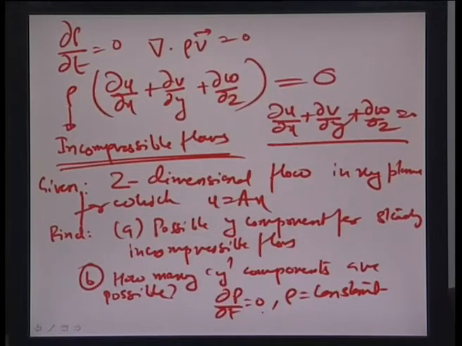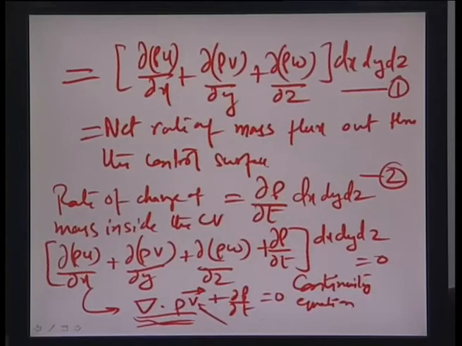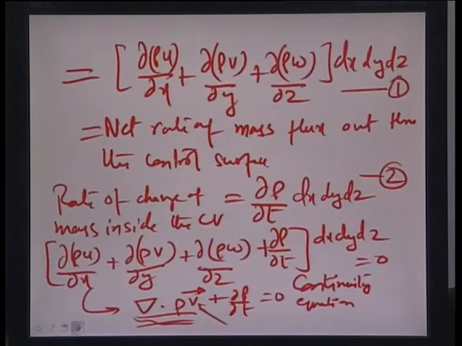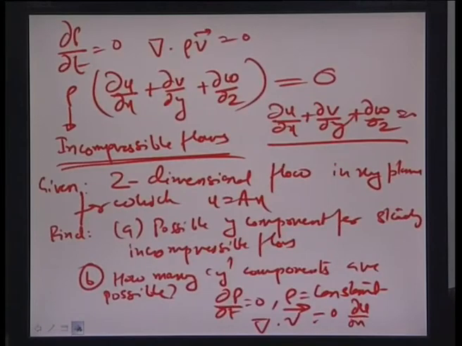And therefore, the whole continuity equation just changes to del dot v vector equals 0: del u by del x plus del v by del y plus del w by del z equal to 0.